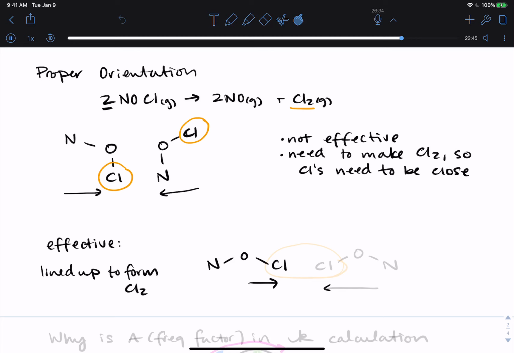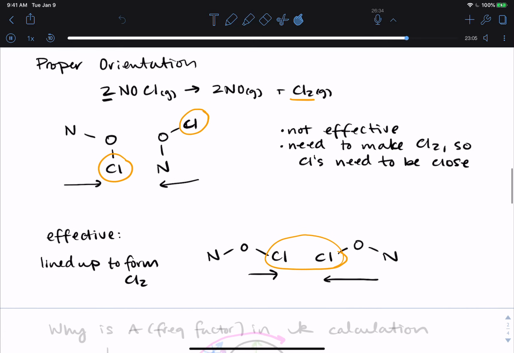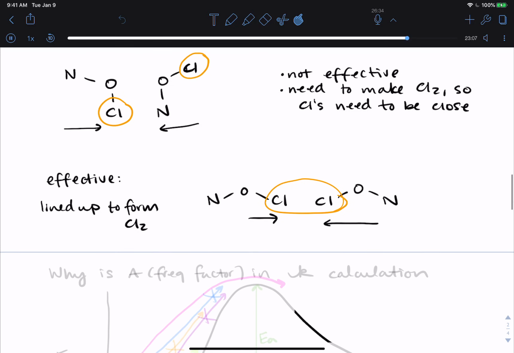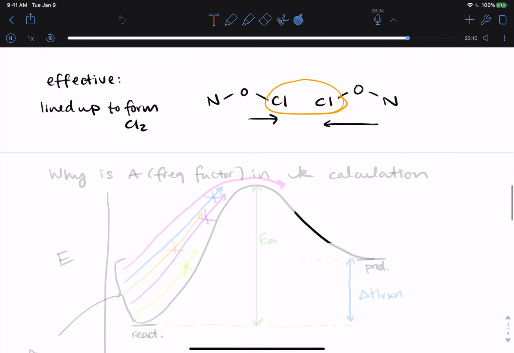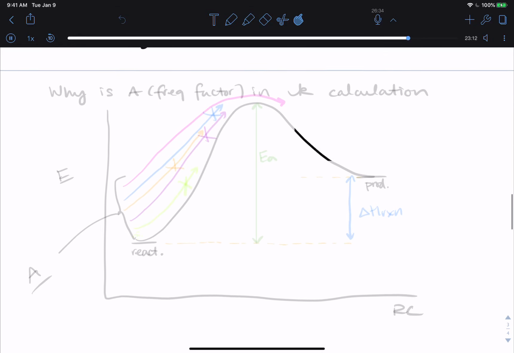If whatever molecule is approaching it from the left has Cl pointed so it will run into the other Cl, this will be an effective collision, because my Cls will run into each other and then it will go on to make the product. So what this means in terms of the frequency factor and why this is included in our rate constant.